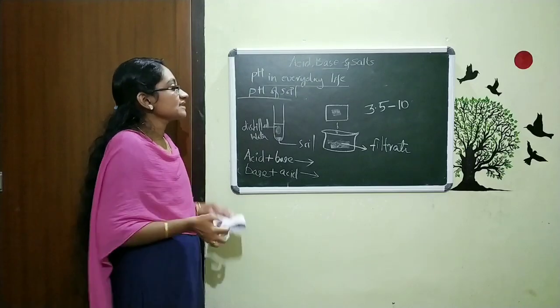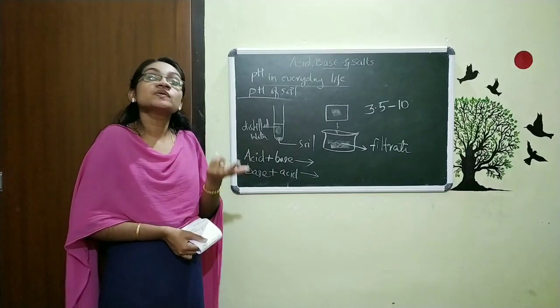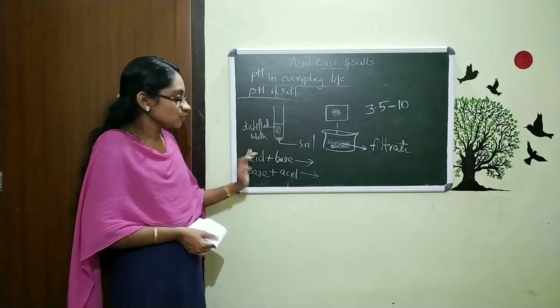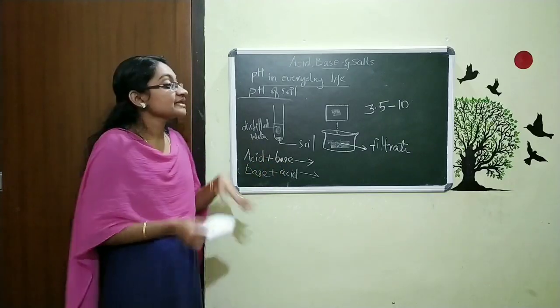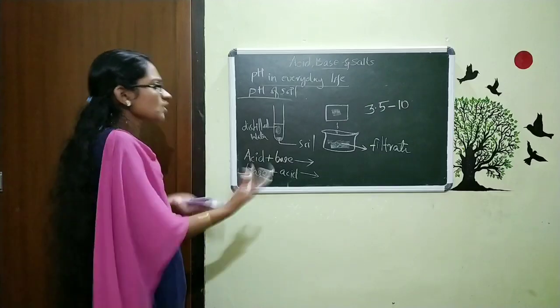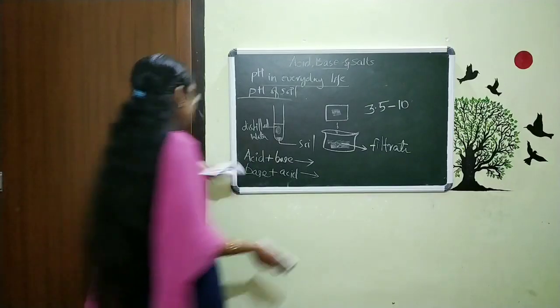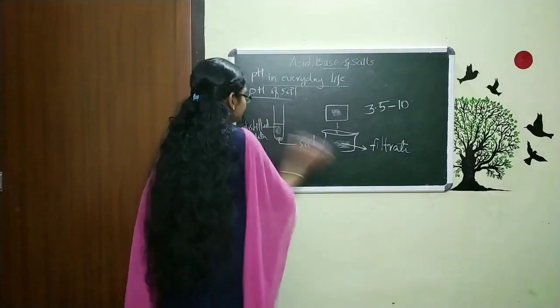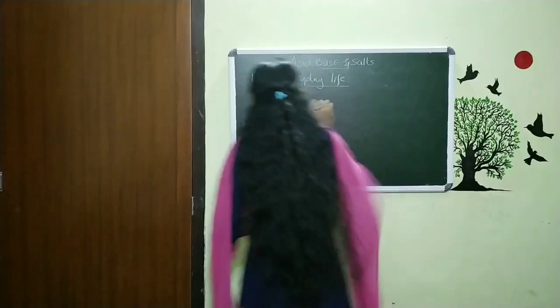That's why we check the pH of the soil, and after that we add the fertilizers to maintain the acidity and basicity of the soil for getting better effects on the plants and more crops. These are the things about the pH of the soil. It is there in your textbook. Just read it. Only simple things are there.